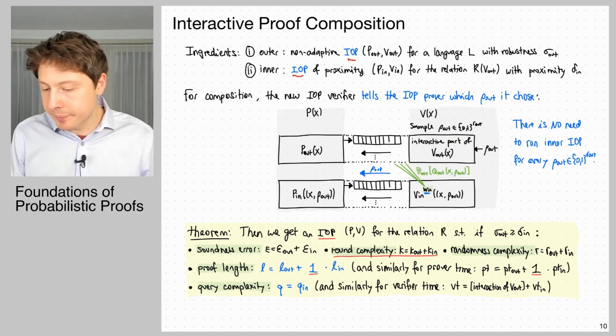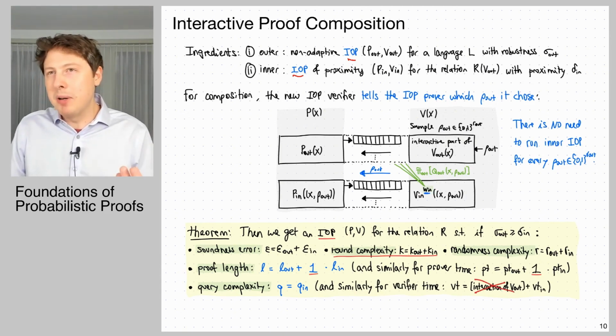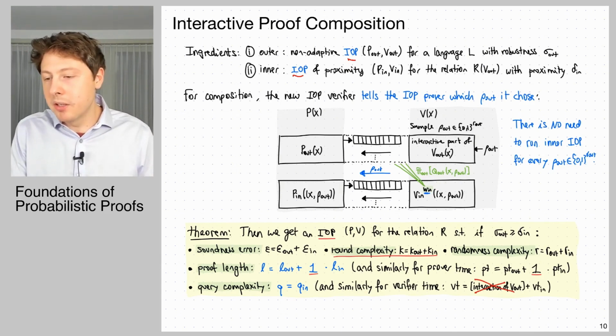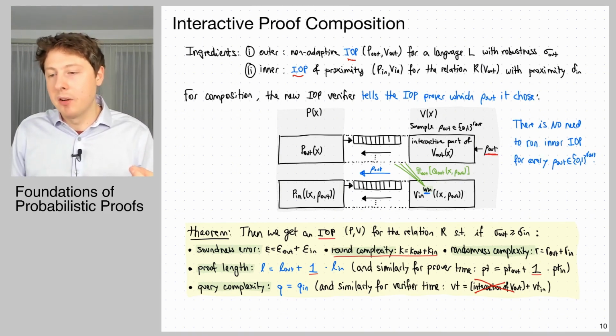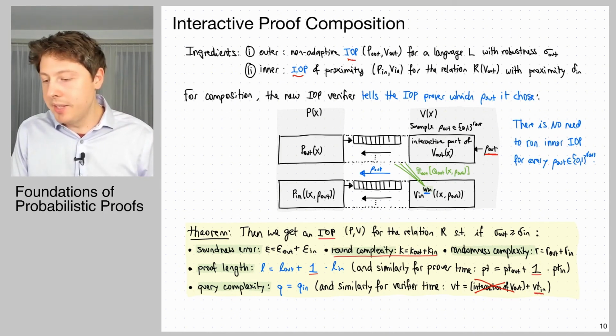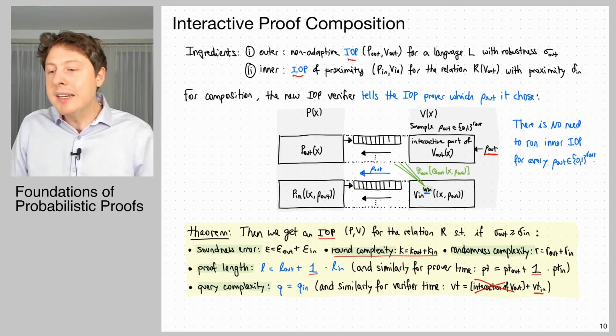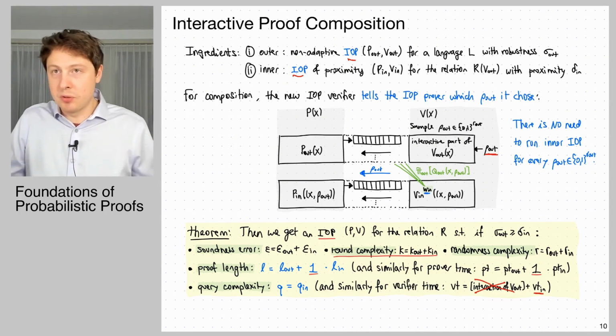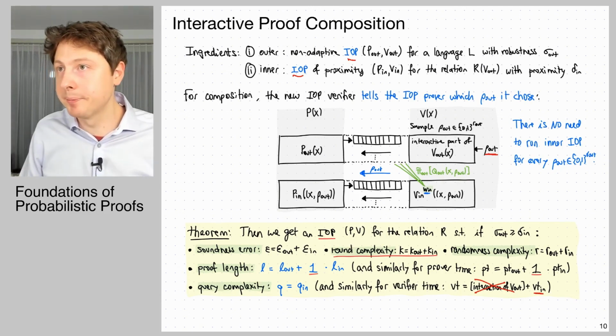But I'm just going to put a cross over it, because usually we have public coin IOPs anyhow, and just representing the choice of randomness for the outer proof system, we already paid for the interactive part. And so this is going to be at least the size of the outer randomness. So it is just running the inner proof system.